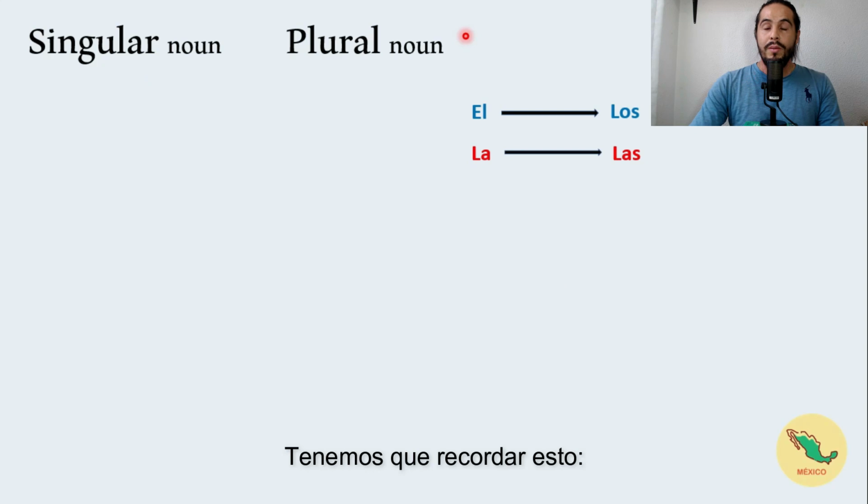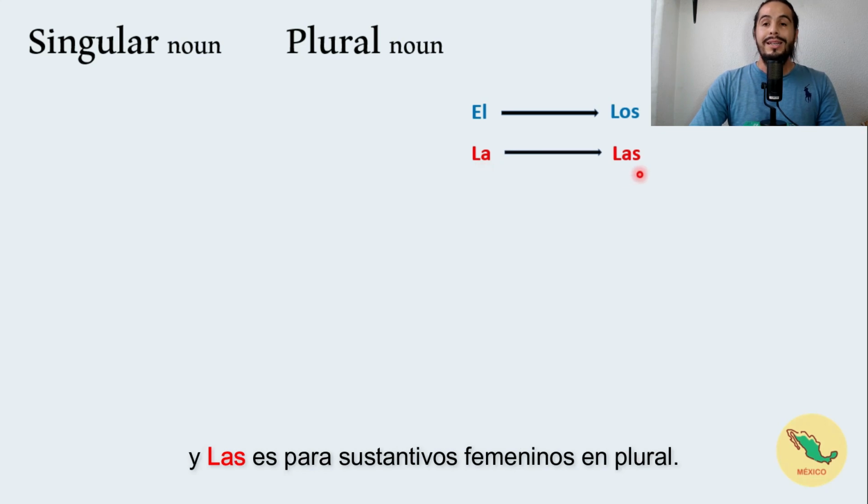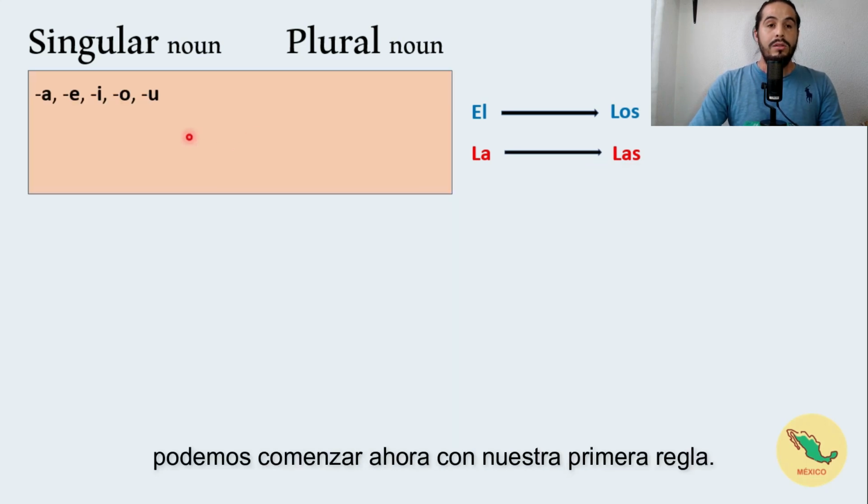We need to remember this. El is for singular masculine nouns, los is for plural masculine nouns, and la is for feminine singular nouns, and las is for feminine plural nouns. Keeping this in mind, we can now start with our first rule.